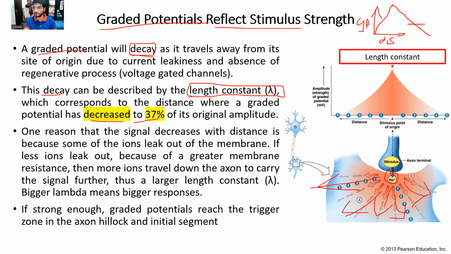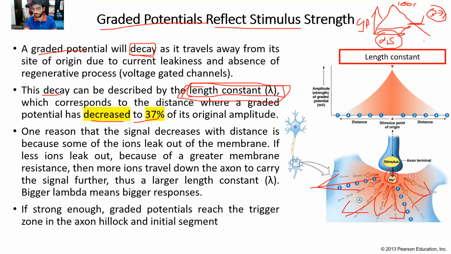Say this is the 100% point, and this is the 37% point. The distance it traveled in order for it to be 37% of the original amount is known as the length constant.